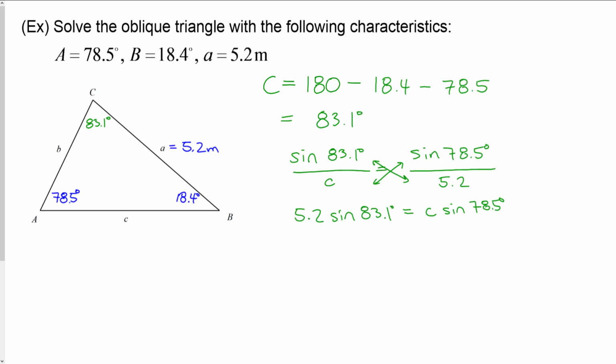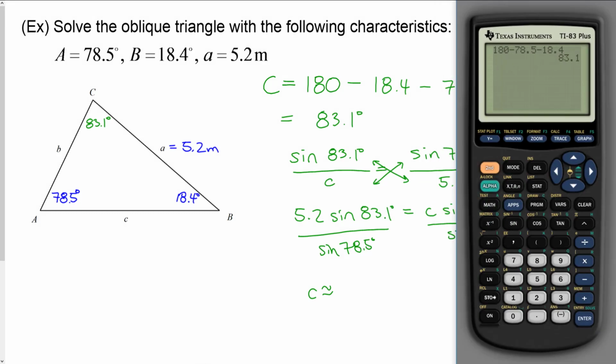Then I'm going to divide both sides by the sine of 78.5. So then c is going to be approximately, I'll get the calculator out here. Make sure you're in degree mode because we're going to be working with degrees here.